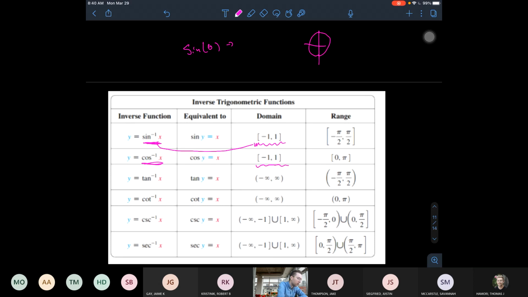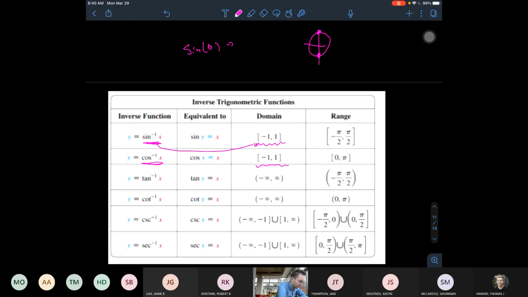The largest possible y-coordinate would be up here at +1, and the lowest possible would be down here at -1. So this domain of the inverse function should describe all possible y values of points on the unit circle for sine inverse, and for cosine inverse, it should describe all possible x values of a point on the unit circle.